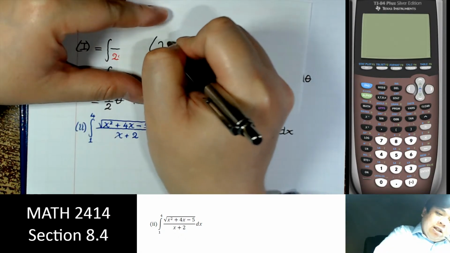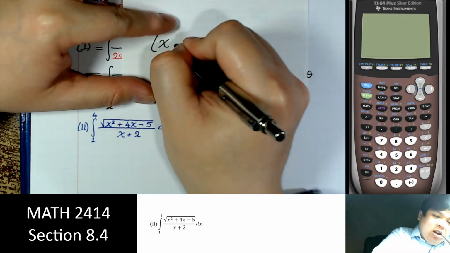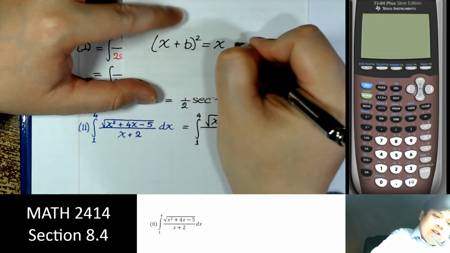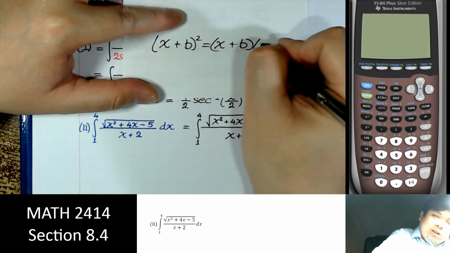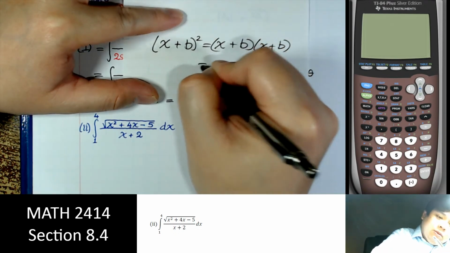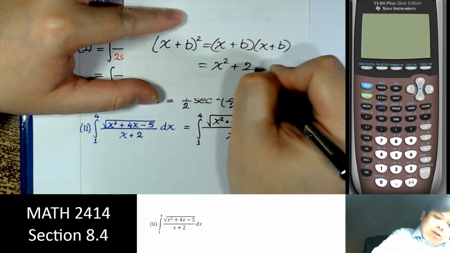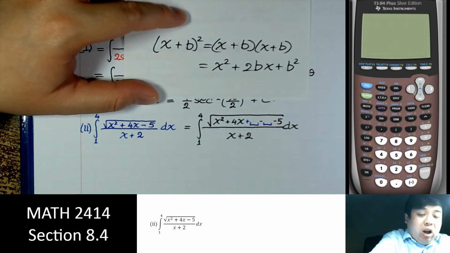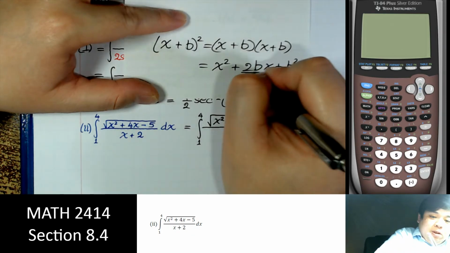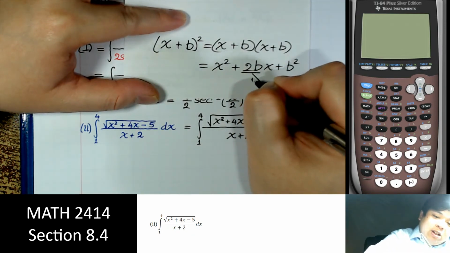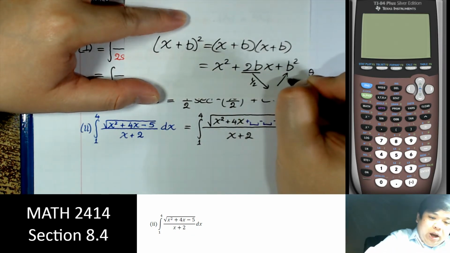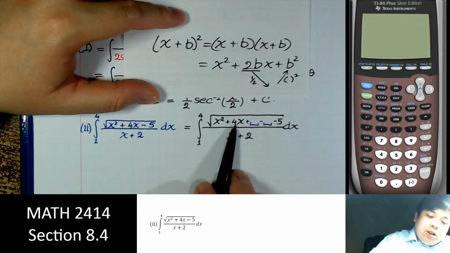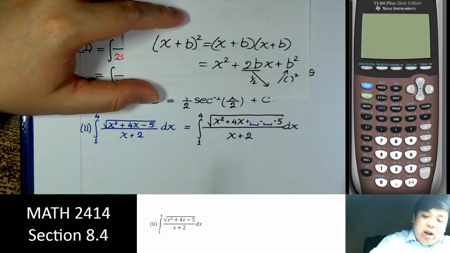Let's say if we have x, either plus or minus, let's do plus here, when we multiply it out, to make a complete square, notice this term, we're going to take half of that, and then we're going to square it to get to that term. So we take half of the 4, it's going to be 2, 2 square is 4.